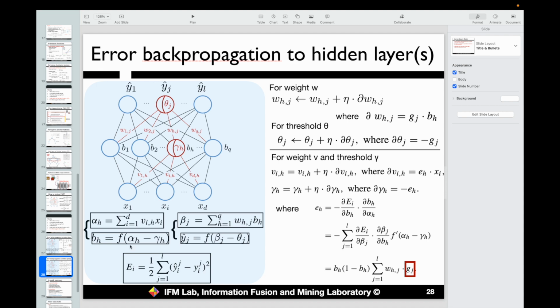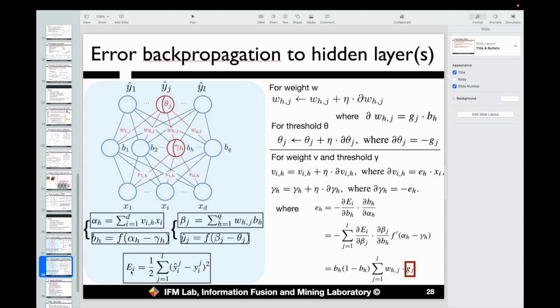What is b_h? b_h is the output for the hidden neurons. How about this alpha_h? Alpha_h is the intermediate result we calculated for the weighted summation from the inputs, right? Then we can calculate this partial derivative of the loss function versus b_h as what?